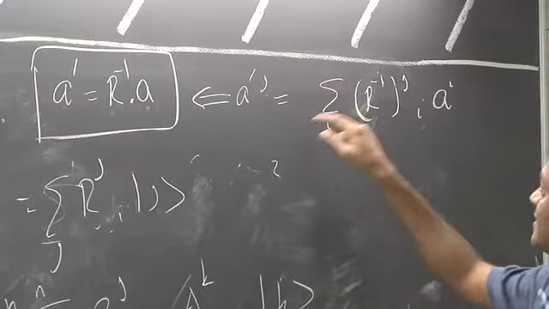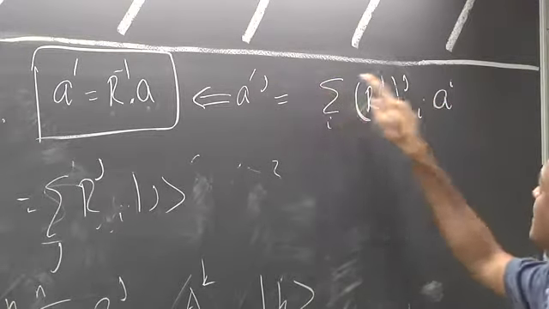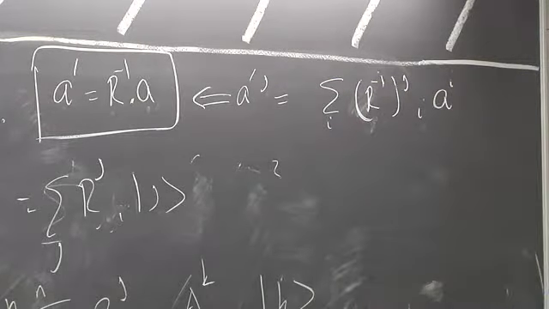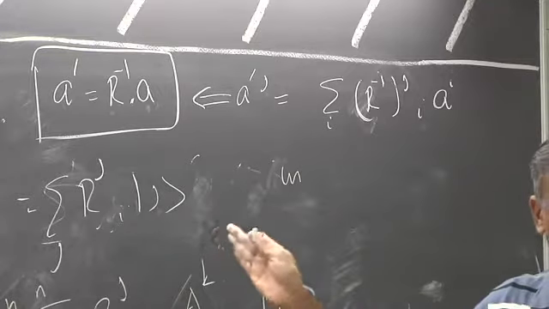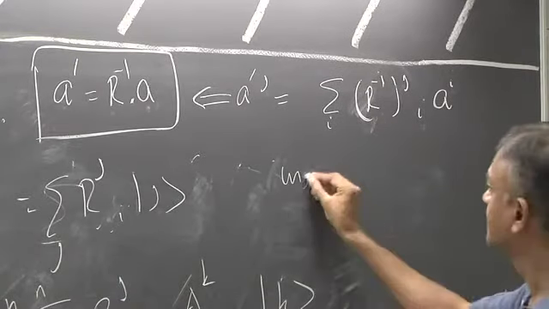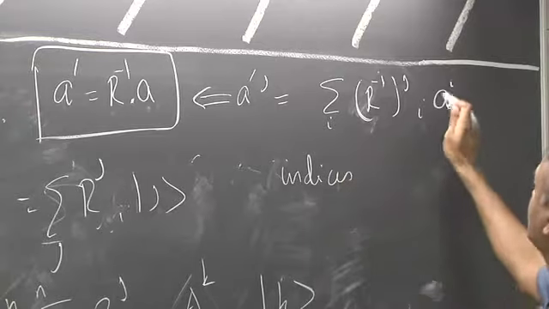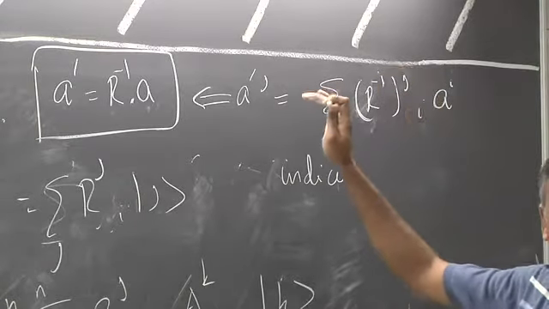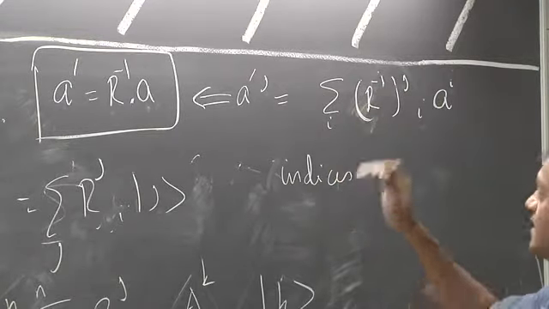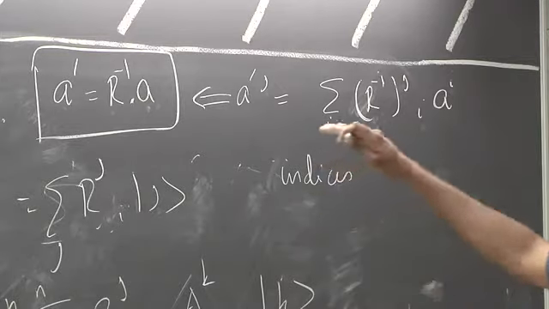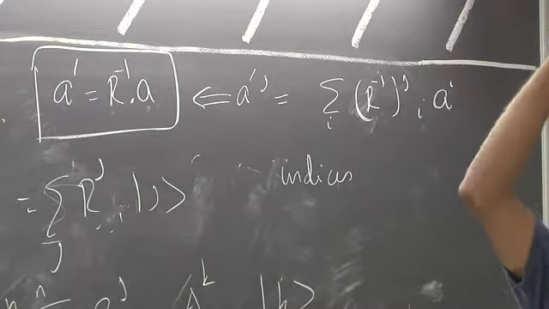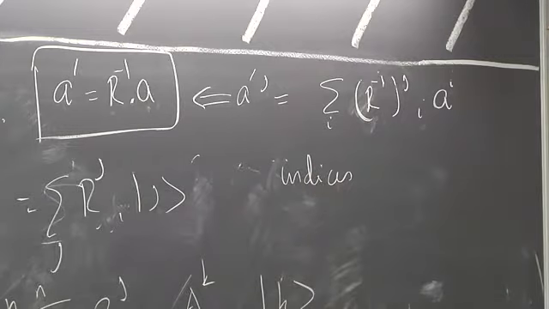Whenever the index appears up, these indices are called contravariant indices. This is our convention, but the main point is that these indices transform with R inverse. So the indices which transform with R inverse are called contravariant indices, and I will keep the convention that all such indices I always keep up, as a superscript, not a subscript.